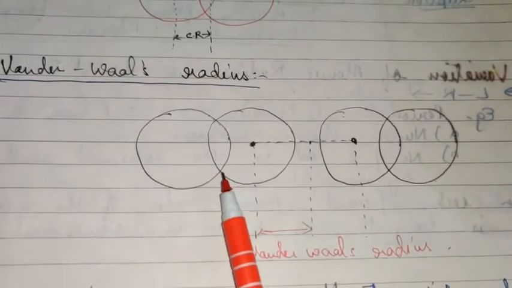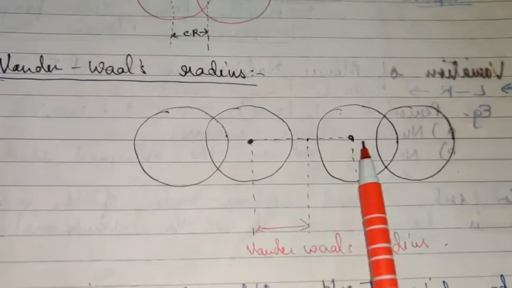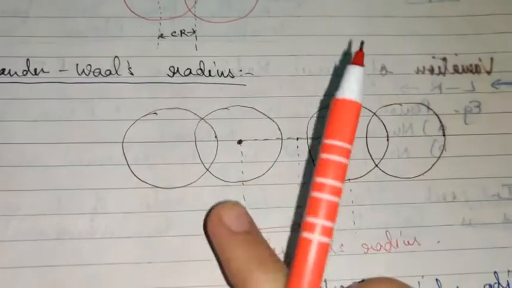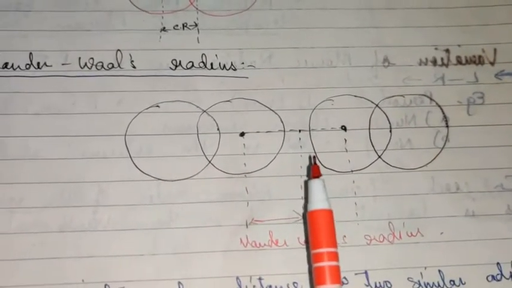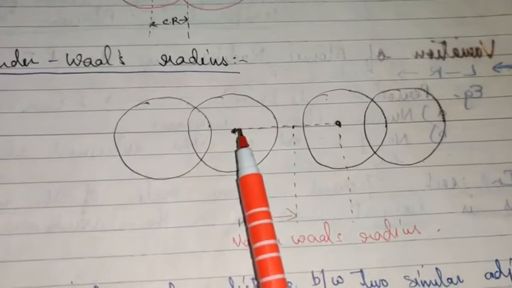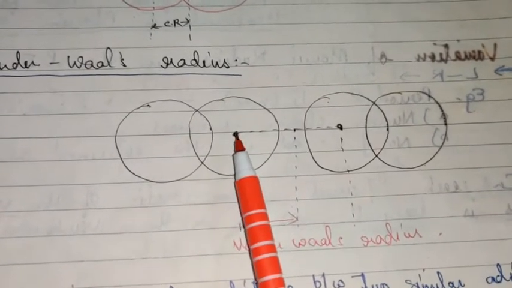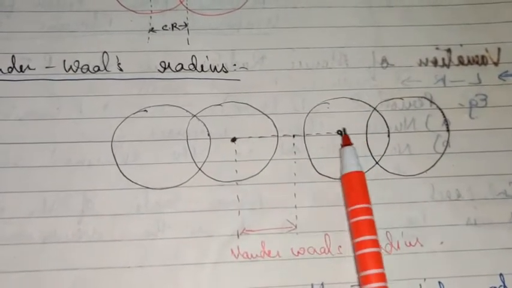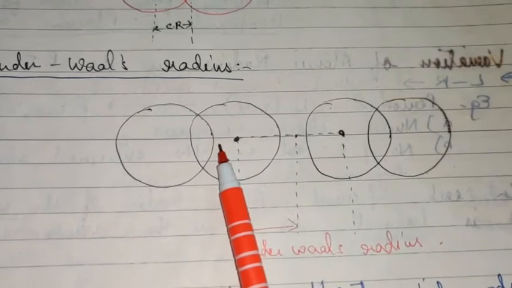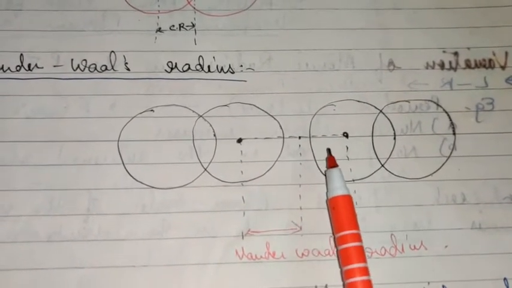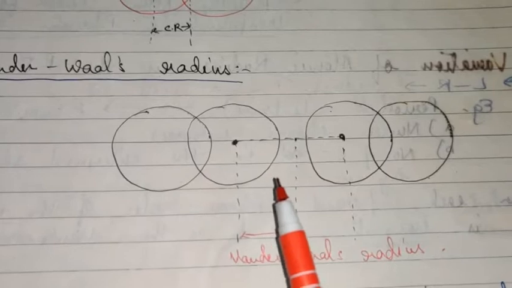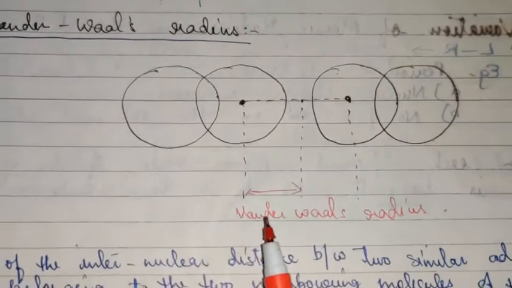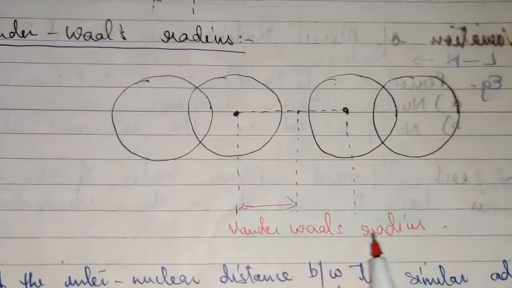Okay, now when you have to find out the van der Waals radius, what do we do? We consider two adjacent molecules like this. You can see here in the diagram, the distance between the center of this atom and this atom will give you the internuclear distance between the adjacent atoms, between two adjacent molecules, and half of this internuclear distance is referred to as van der Waals radius.